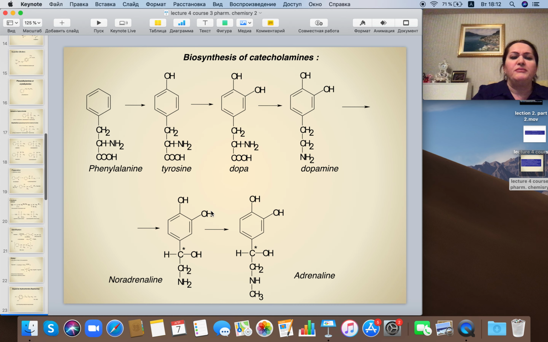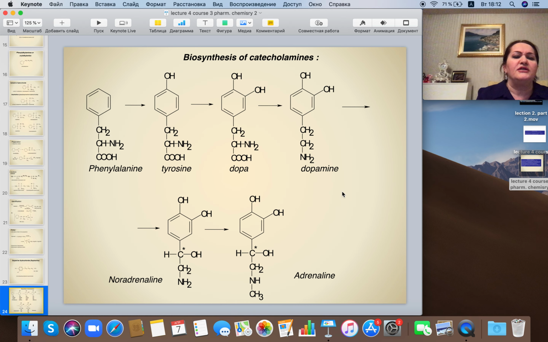And dopamine in the organism is synthesized in the medulla of the adrenal gland, from the amino acid phenylalanine. Phenylalanine oxidizes and changes into tyrosine.